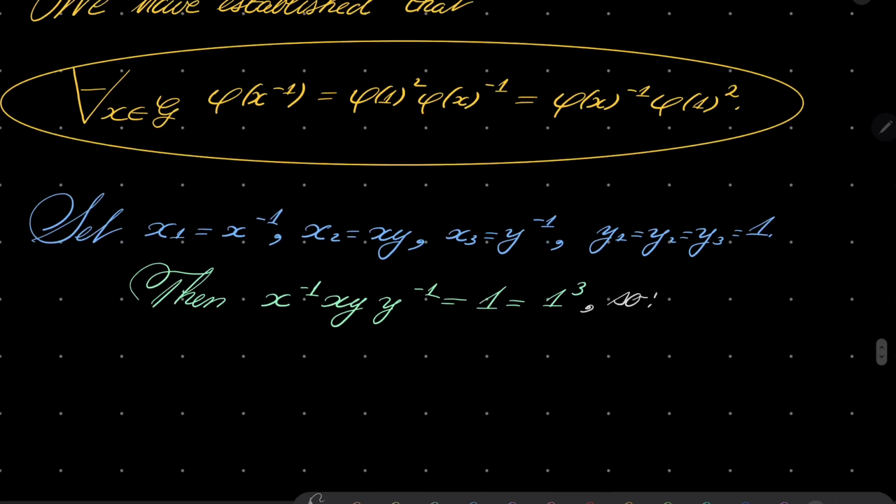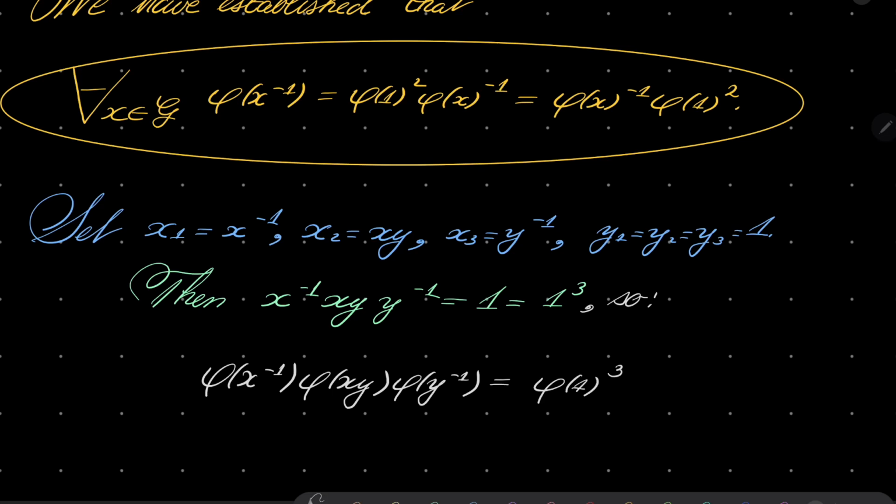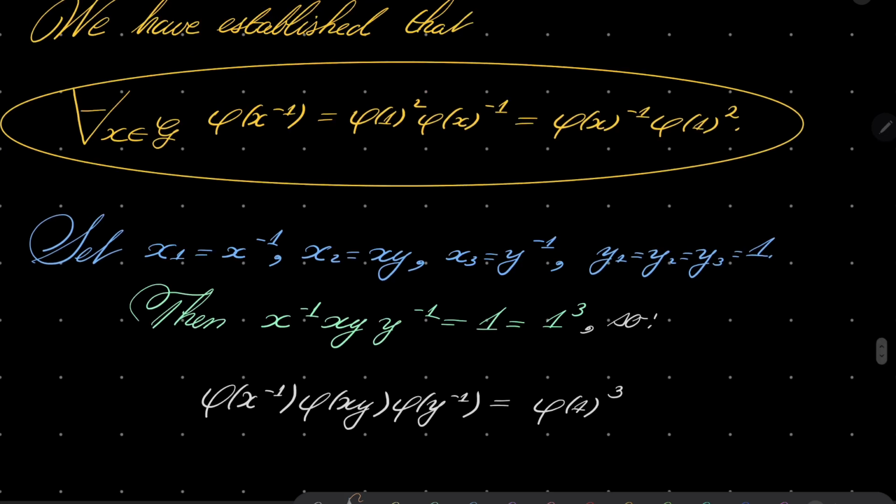So we can write the following: f of x inverse, f of xy, f of y inverse equals phi of 1 to the third power. Alright, and now I will use my derived fact, which I will mark triangle, and I will use it in two ways.